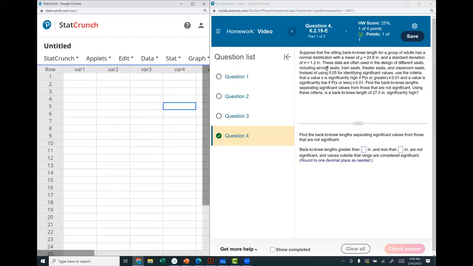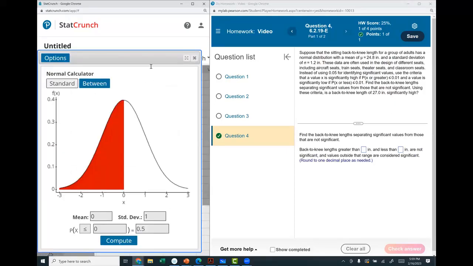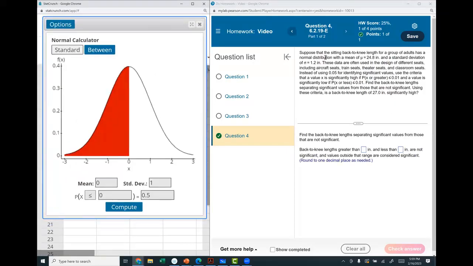Okay, so suppose that the sitting back to knee length's really the same, it'll probably have different numbers. So I'm going to go to Stat, Calculators, Normal, because this has a normal distribution. And I just wanted to show you one other way.